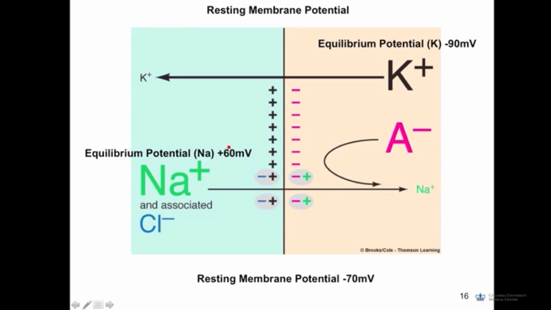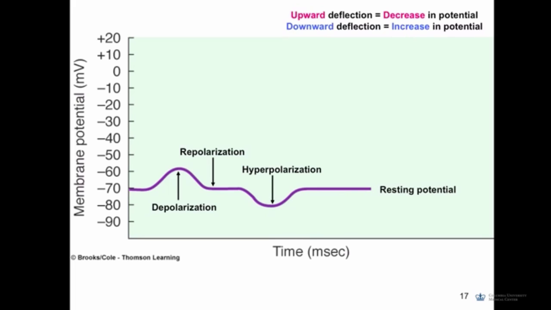Now, we started off talking about excitable cells in terms of muscle cells and neuronal cells. An excitable cell is a cell that experiences large fluctuations in membrane potential.